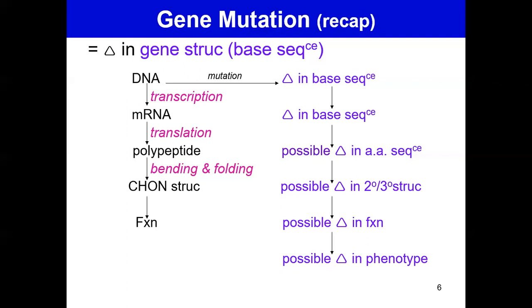So once there's a mutation, there's a change in base sequence in DNA, therefore a change in base sequence in mRNA, a possible change in amino acid sequence in the polypeptide, and therefore a possible change in the protein's secondary and tertiary structure. So the enzyme cannot function normally, and that will lead to a change in the phenotype, which we're going to look at afterwards.